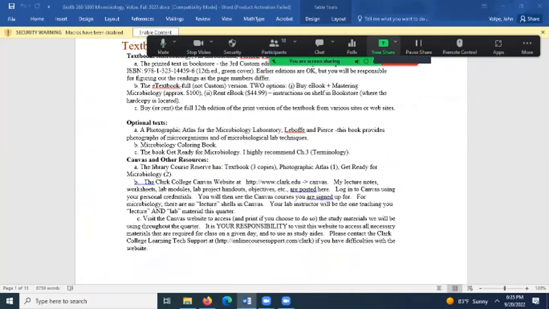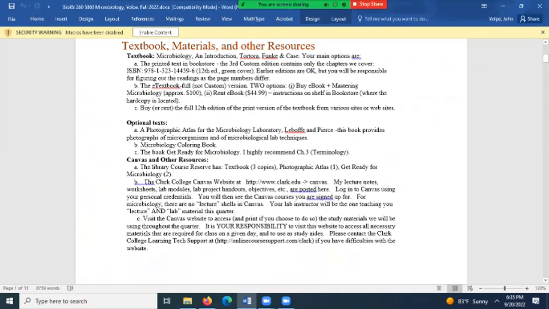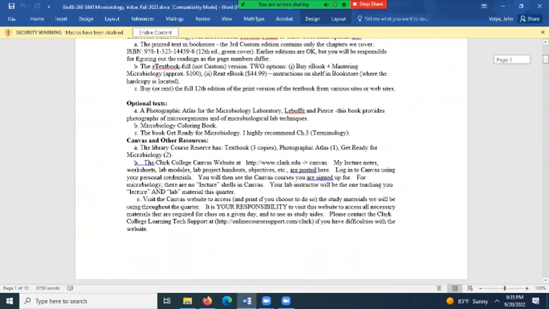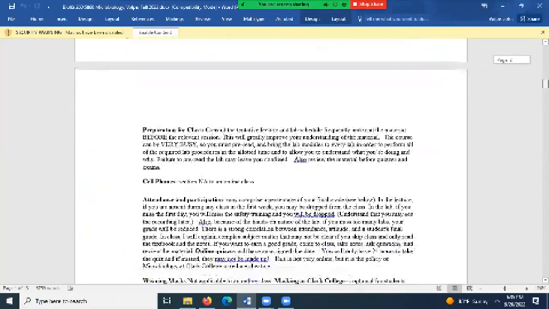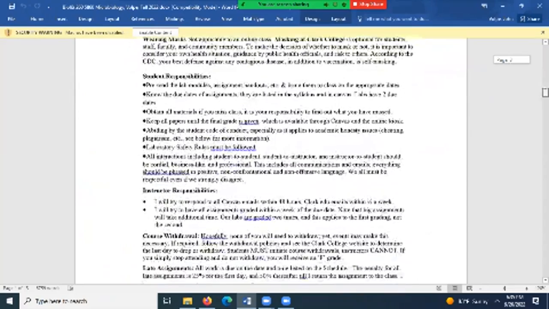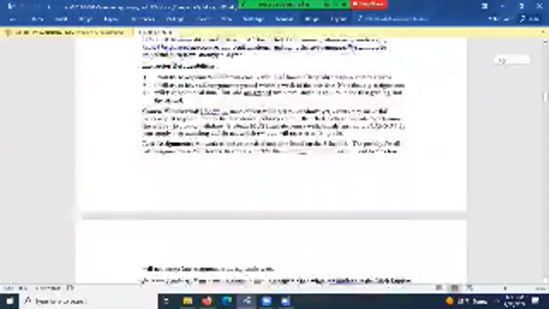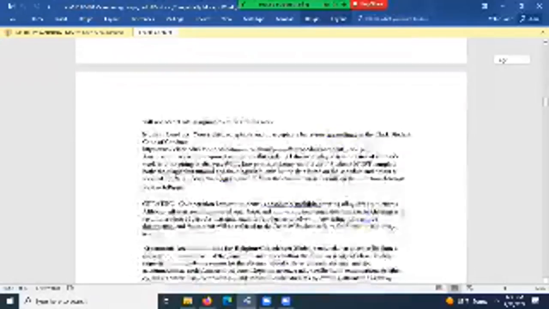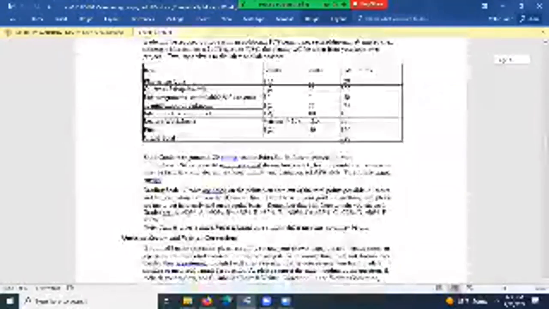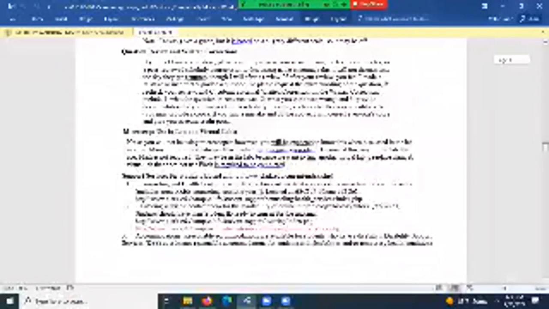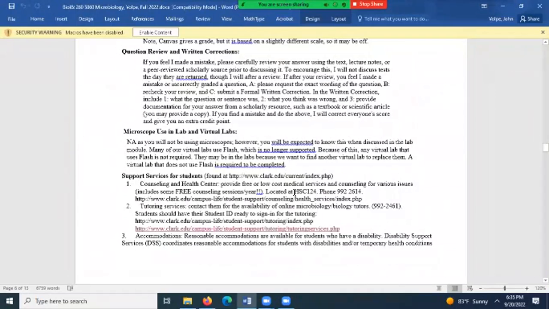Reading material too. The lab is an integral part of the course. Microscope use in virtual lab.